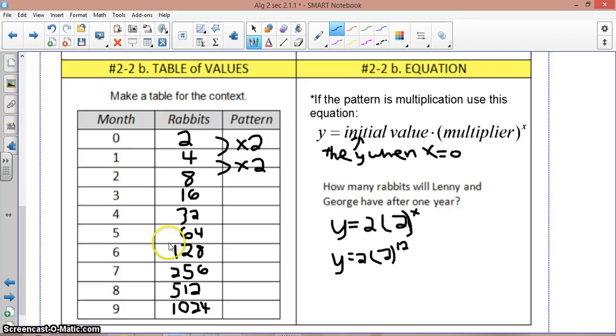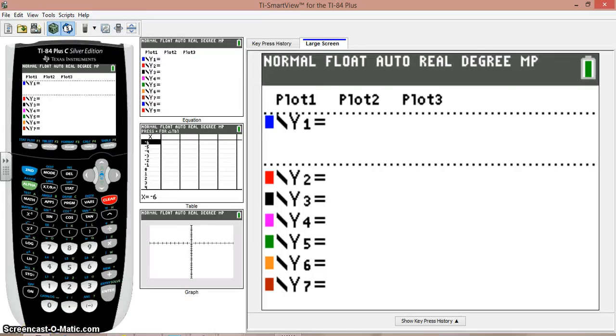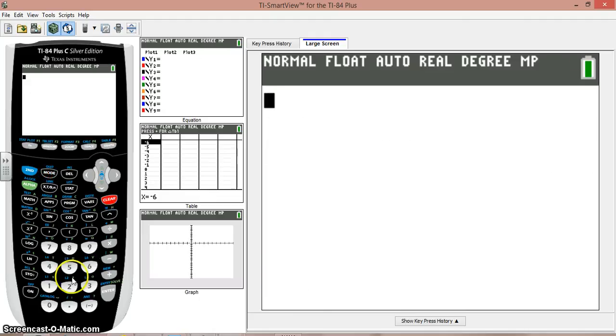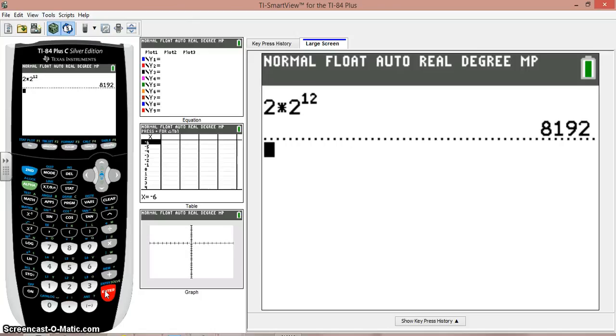To do that, you would go to your calculator and press 2 times 2, this is the exponent key, and then 12. And that's how many rabbits we would have after 1 year.